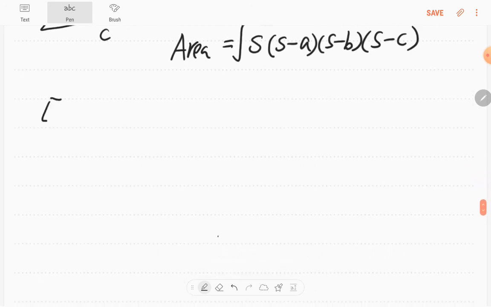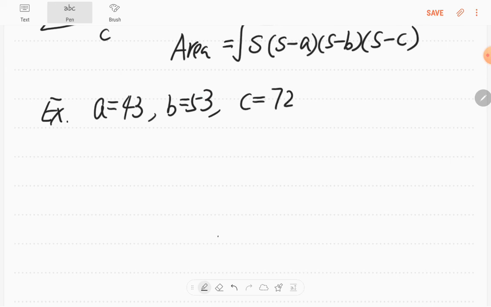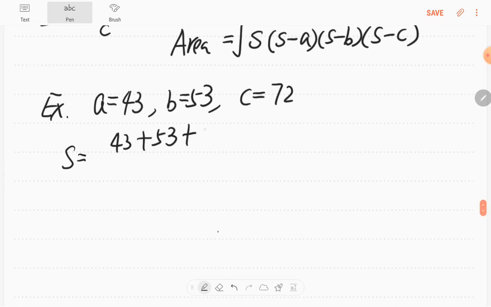Let's look at this example. If side a is equal to 34, side b equals 53, and side c equals 72, what is the area of this triangle? We can calculate s, half of the perimeter, which is equal to 84.